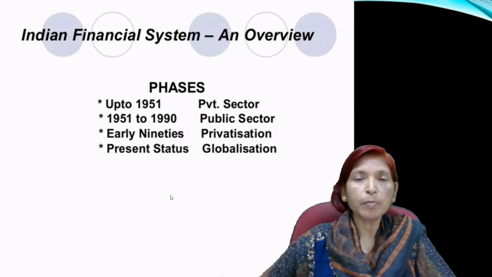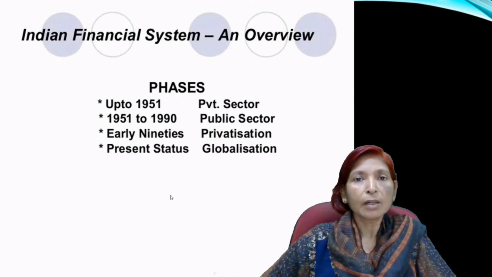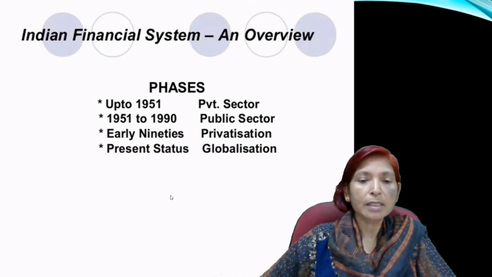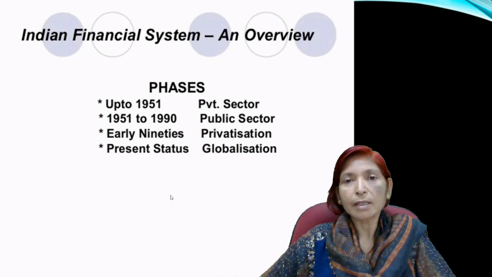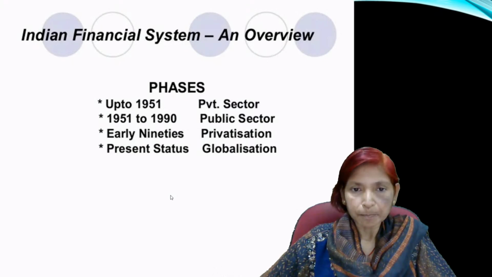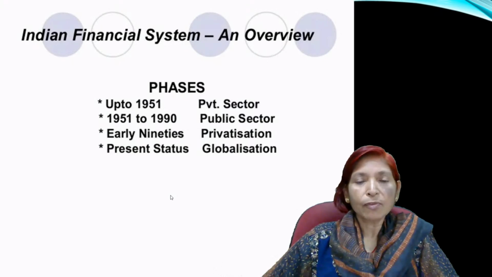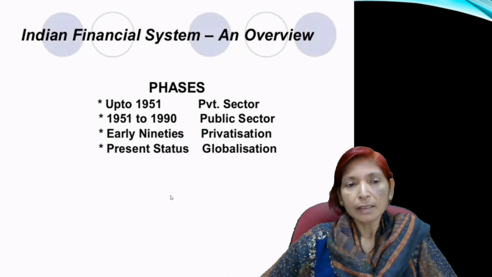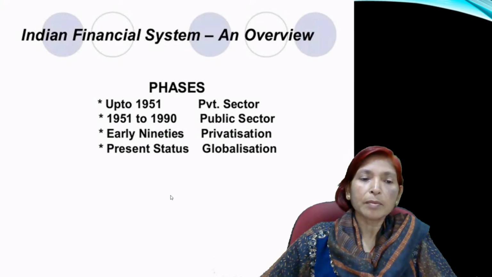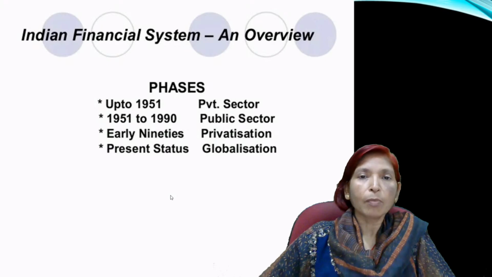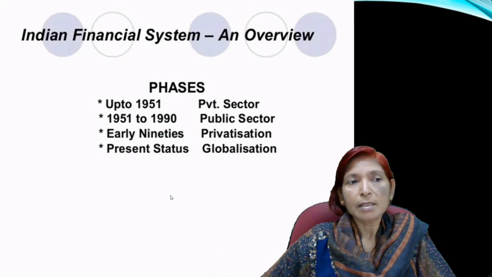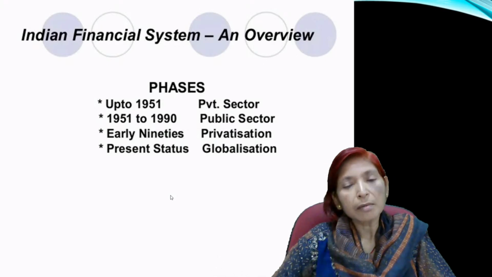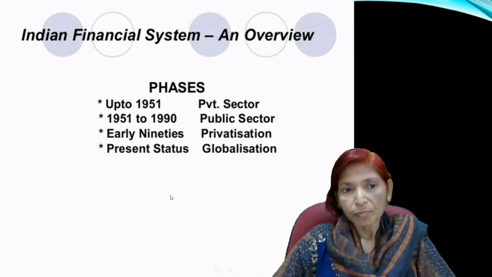And at the present time, we are all living in a globalized world. At present, globalization is the main thing which is improving the integral relationship with the rest of the world. So in these four phases, we can understand that at the time of 1951 or before, all the financial system worked under the private sector.